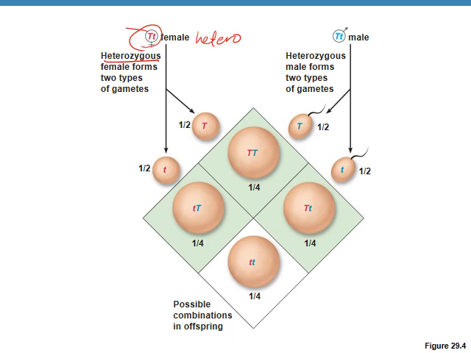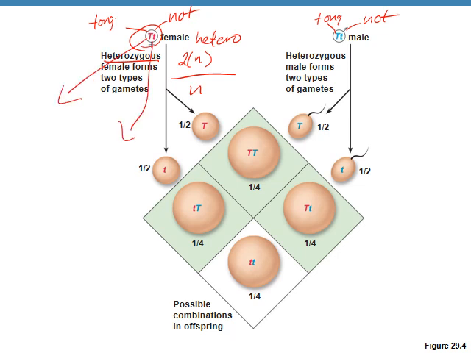So she has 1 allele for tongue rolling and 1 not. He has 1 allele for tongue rolling and, sorry, he has 1 for not. So how do you know which allele is going to end up? Remember, we have 2 of every chromosome, and we're going to have that during meiosis. We're going to go from diploid to haploid. So is it just as likely that mom could give the big T as it is mom could give the little t to the ovum?